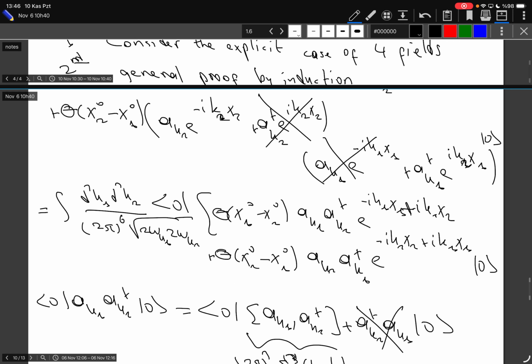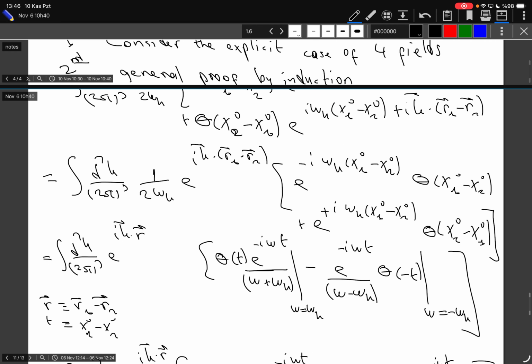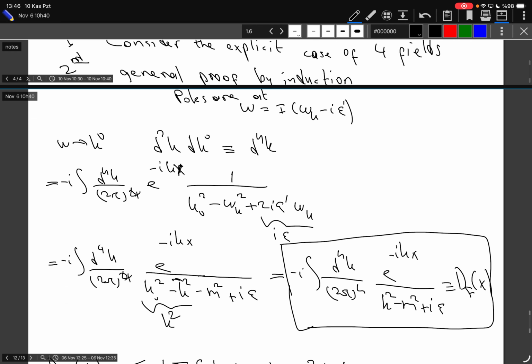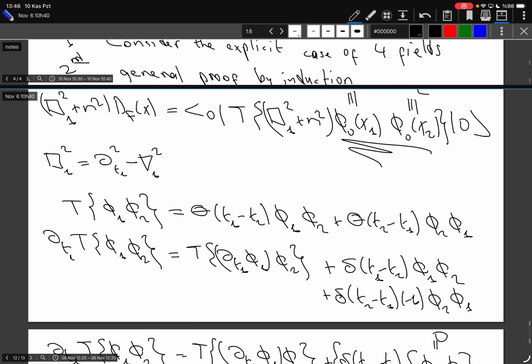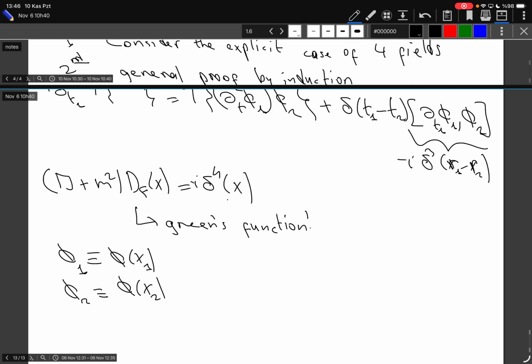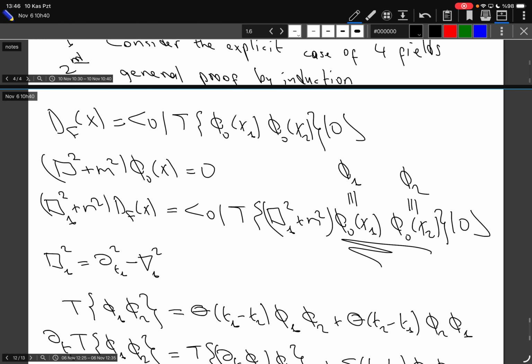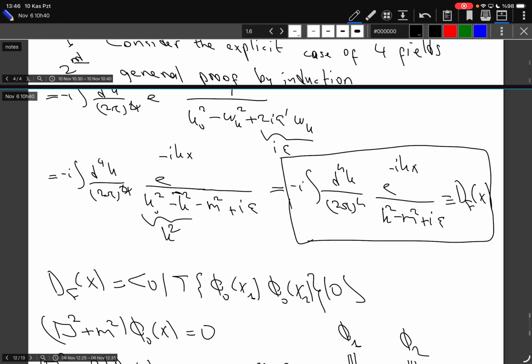And then when we calculated this two-point function, this is what we obtain: minus i times that exponent divided by k squared minus m squared. My claim here that there have to be poles for our particles is apparent over here.